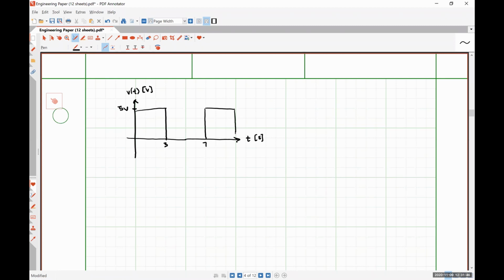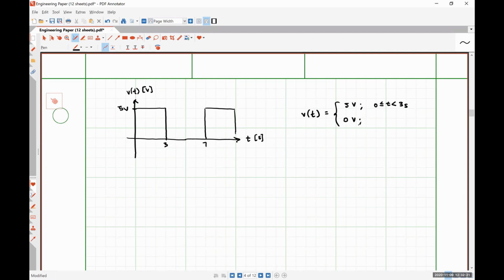And our voltage waveform, let me draw this a little bit better, is a series of rectangular pulses such that over one period, we have 5 volts for 0 less than or equal to t less than 3 seconds.